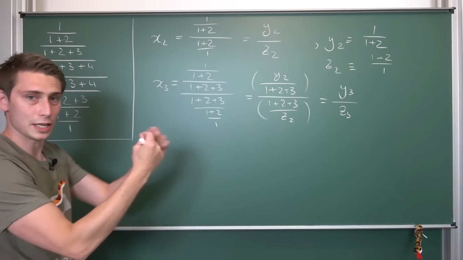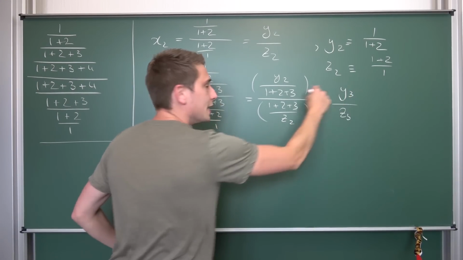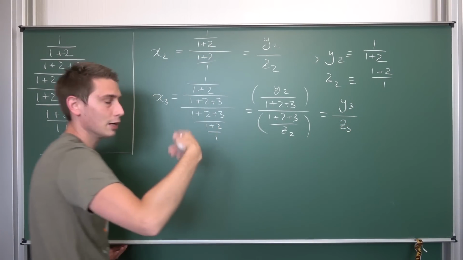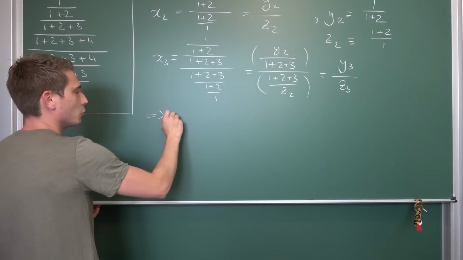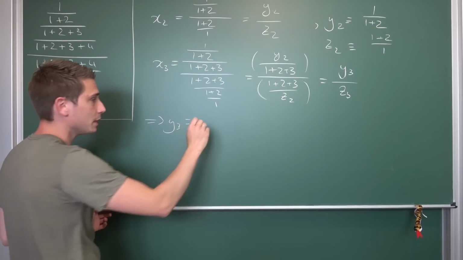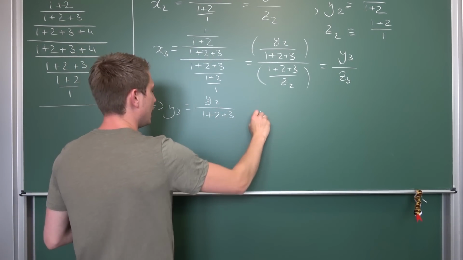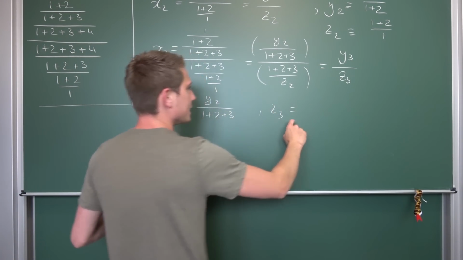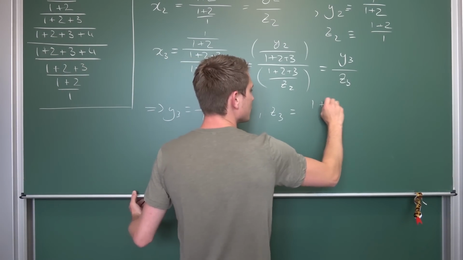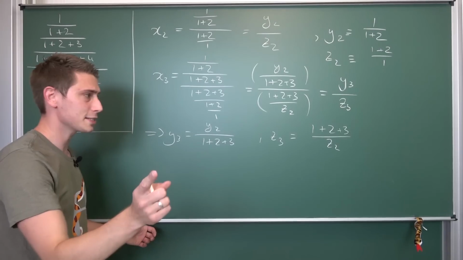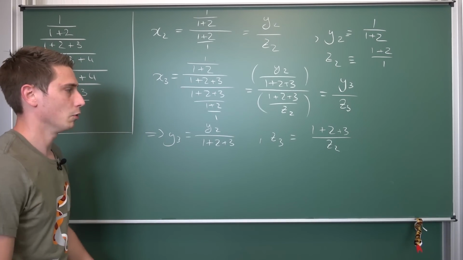So we can find a connection here between the numerators, namely we are going to make a recurrence relation out of the numerators and out of the denominators. Meaning y3 is nothing but y2 over 1 plus 2 plus 3, and our z3 is nothing but 1 plus 2 plus 3 over our z2. This is good. We have brought this back somehow.